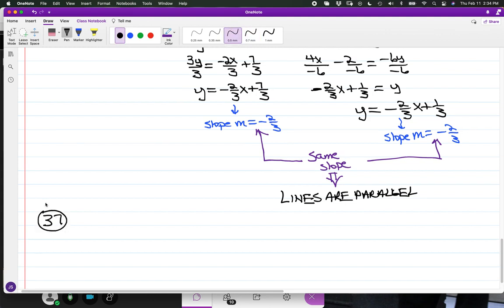Now for 37, it was asking for the line that is going to run parallel. The one I'm going to do here, I believe it was just asking for the parallel.